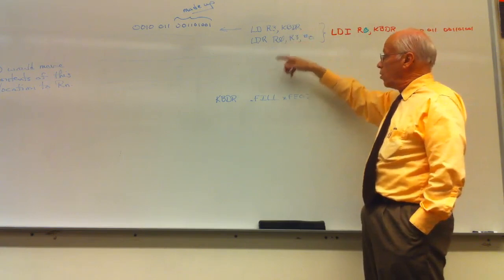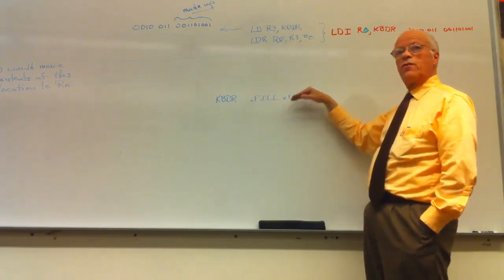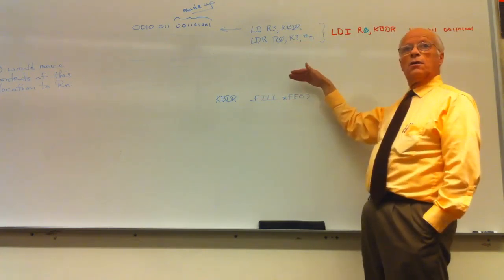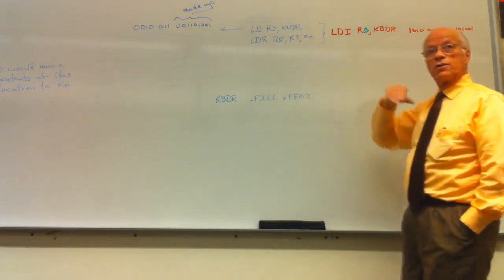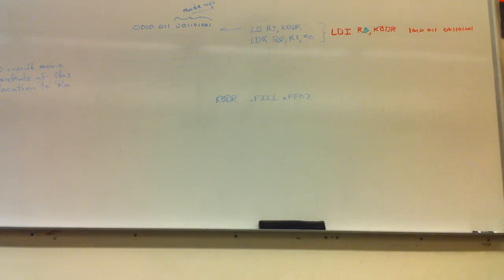You're still going to go to this location and fetch this value out of it, and then another memory cycle to get to what you're looking for, but you have one less instruction to fetch. And there is a little time saving from leaving out the part of putting it into register 3 and getting it out, but compared to the memory cycles, it's minimal. It's hardly noticeable.